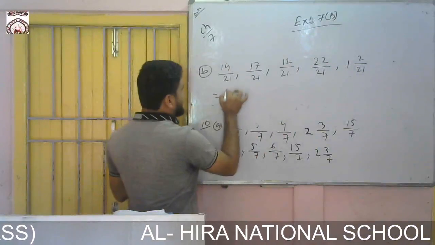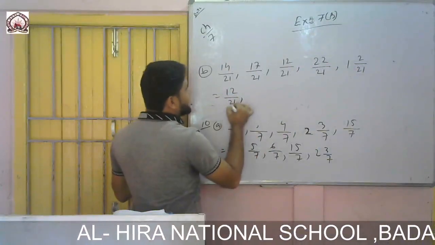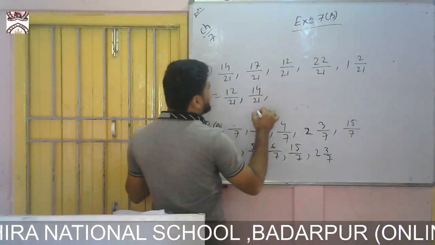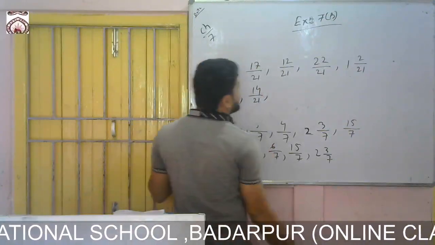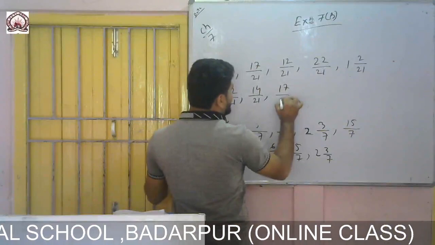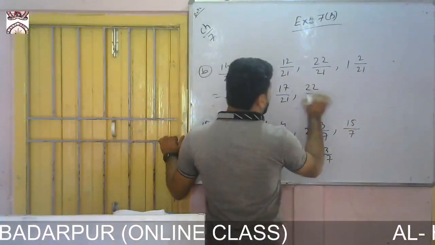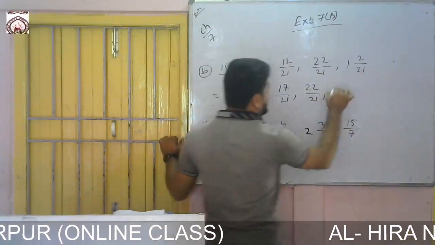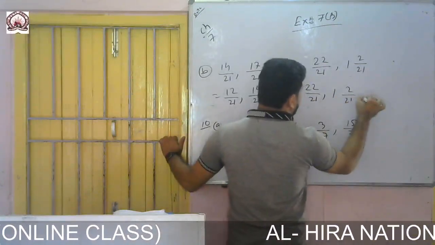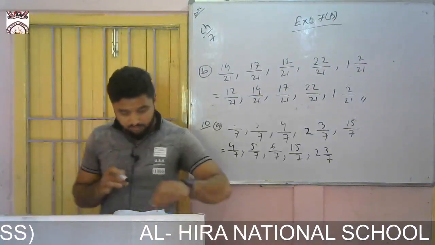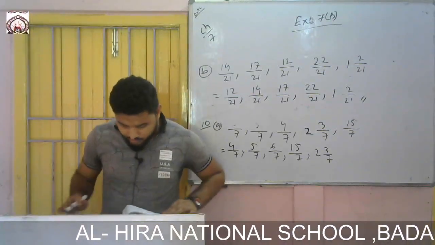So first will come 12 by 21, then 14 by 21, then 14 by 21, then 17 by 21, then 22 by 21, then 1 2 by 21.